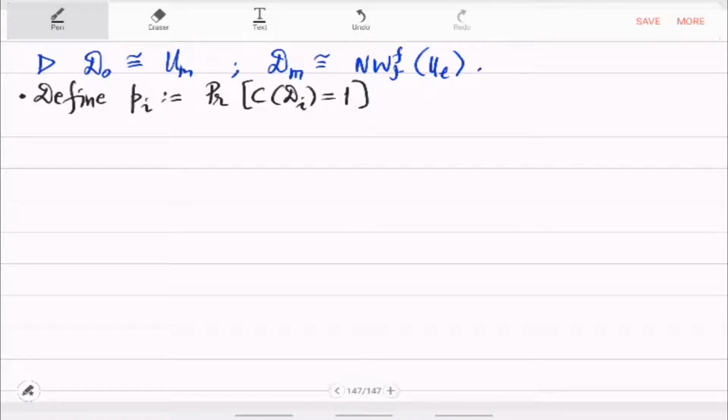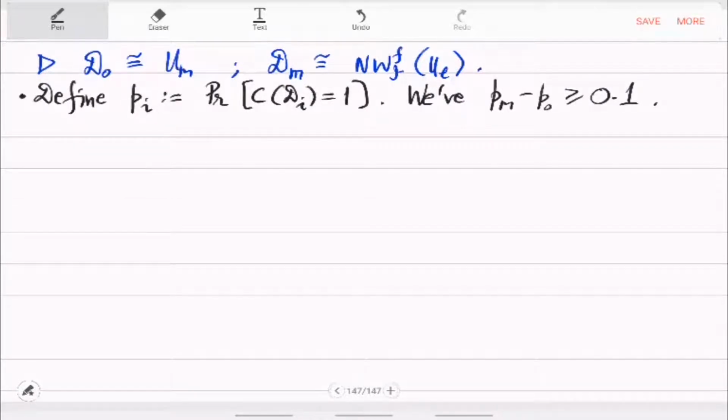So the probability of it on Di is Pi, and what you know is that Pm minus P0 is greater than or equal to 0.1, right? Because Pm corresponds to the NW distribution, P0 corresponds to the UM distribution.